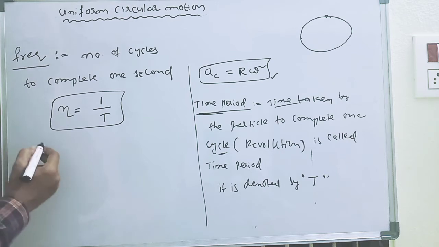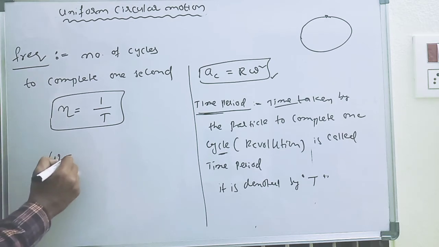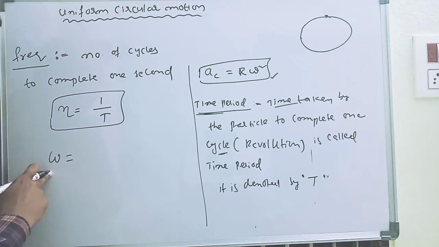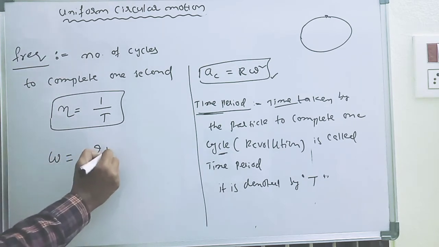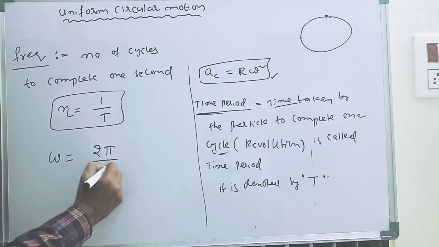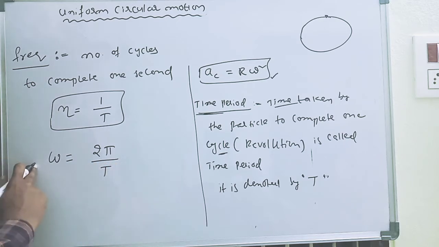And how to write omega? Omega is the angular velocity.